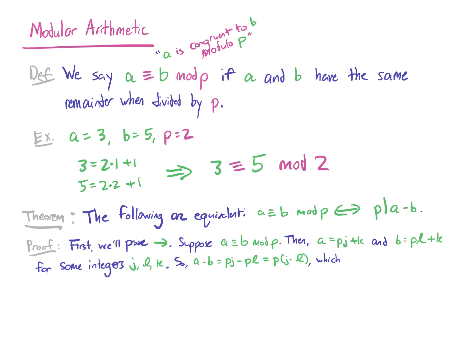So that means if I divide this by p, my quotient will be j minus l, no remainder. So I can conclude that a minus b is divisible by p. I've proven the first direction. I've shown that if a is congruent to b modulo p, then it must be the case that p divides a minus b. Now, let's go in the other direction.